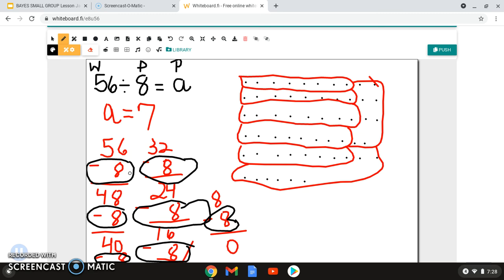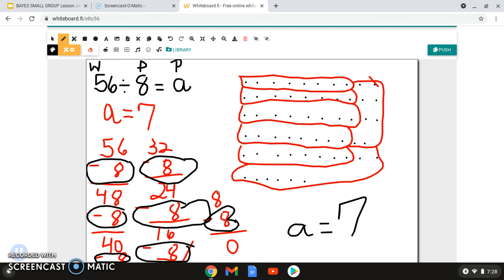Alright, so now I can just count how many times I took 8 away. 1, 2, 3, 4, 5, 6, 7. So again, this particular strategy works as well. I'm still taking away in both of the pictures. Each time that I circled, I was taking those out of the total number of Hot Wheels that I had.